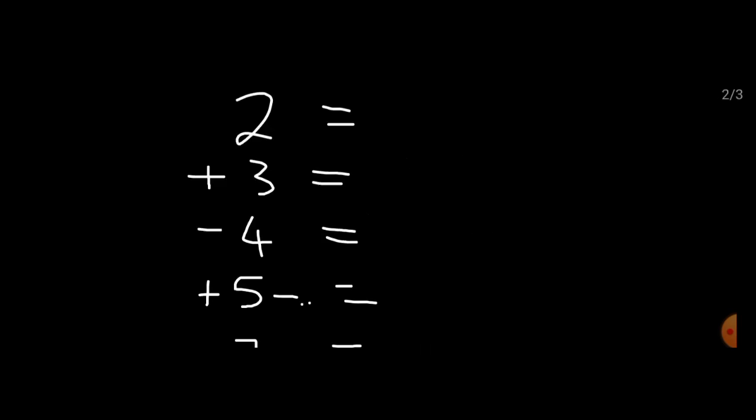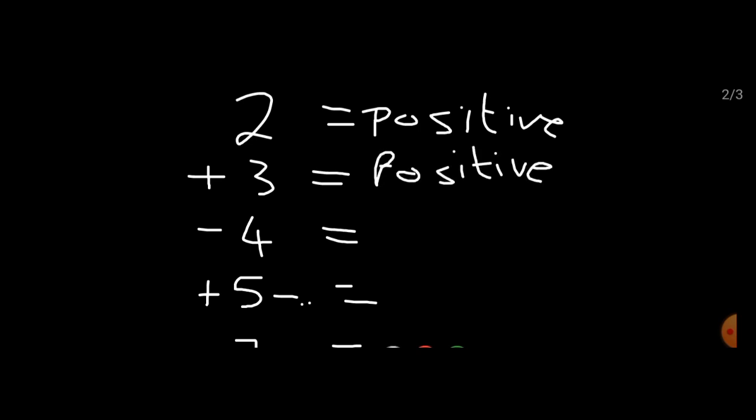We are given these numbers, so you can pause this video. Is this number negative or positive? We'll evaluate these two. This 2 is a positive, because it has a plus sign. This one has a minus sign, so this number is a negative.